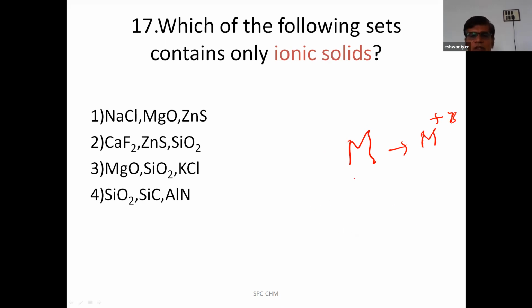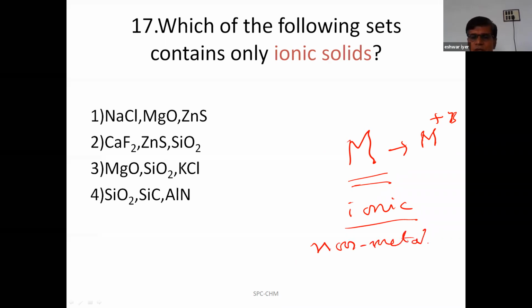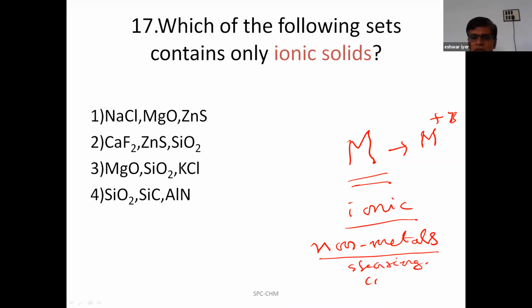So whenever metals are involved in the solid formation, the bond will be mostly ionic. Even if one atom is metal, the bond will be ionic. If the solid is formed by only non-metals, the bond between non-metal atoms is by the sharing of electrons. When sharing takes place, the bond will be covalent.